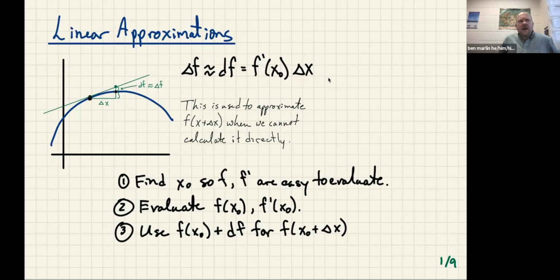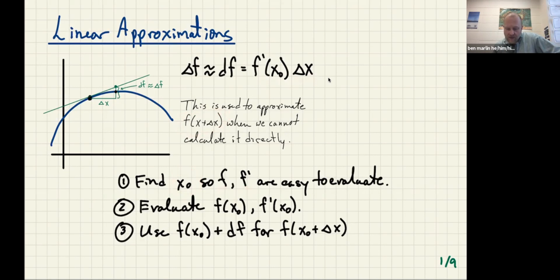The general use that we put these to is when we're approximating something that we can't just directly measure or directly calculate. So the process you'll actually go through here is to figure out what your x sub naught is so that both your function and your derivative are easy to evaluate.